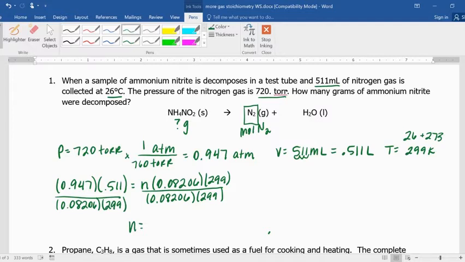And when we do this division in our calculator, we should get a value of n of 0.0197 moles. But what is that moles of?